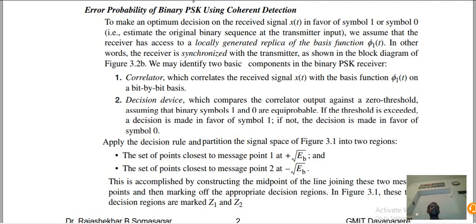That is 5 by 10, meaning 50% are received. Suppose 10 symbols are transmitted and 3 symbols are received. That is 3 by 10, 30% of symbols. This is what the probability of an error means.